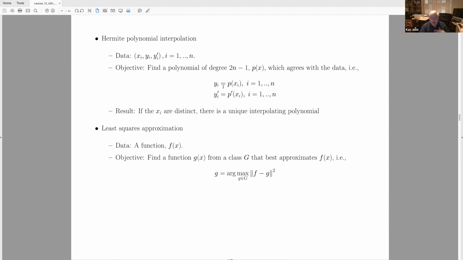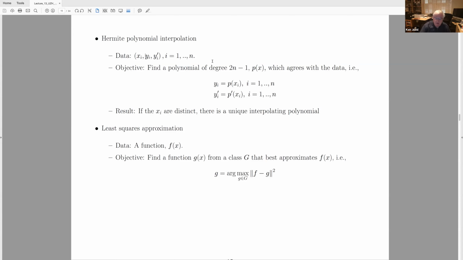Now, let me describe some other kinds of ideas. There's Hermite polynomial approximation. This is where the data you gather include, you choose xi's, and then you compute the yi and the yi prime. So you compute yi is f of xi and yi prime is f prime.